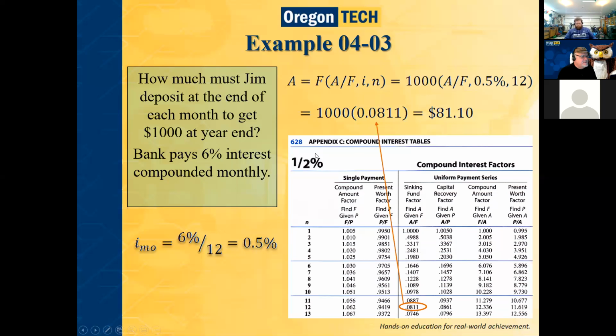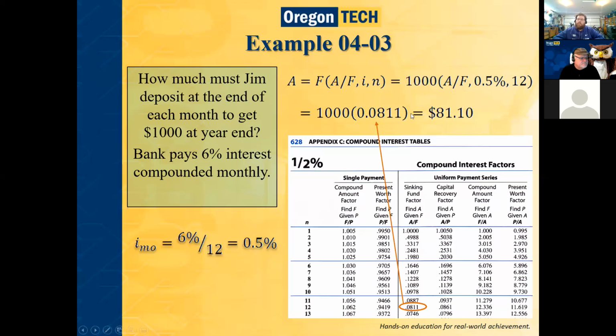Go to your 0.5% page and find your annuity, the amount that goes into the bank each month, given that in the future, it's going to have to add up to $1,000. 0.0811 goes up there. 1,000 times that is $81.10. So you're going to have to stick that in the bank every month, so you can pull out $1,000 at year end.